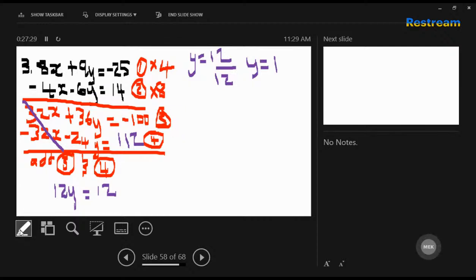All right, so if we're going to plug in the value of 1 where y is, all right, so let me double check that I wrote off the correct thing. 8x, 9y, negative 25.